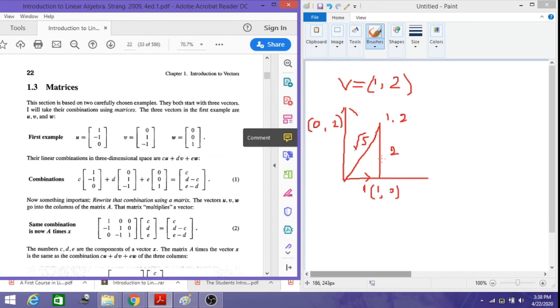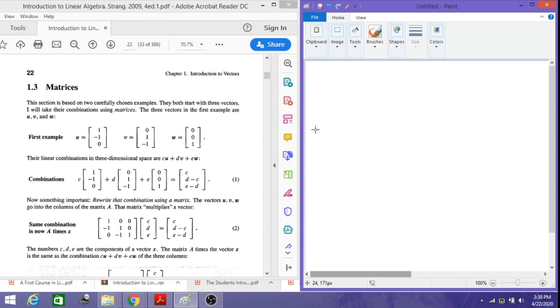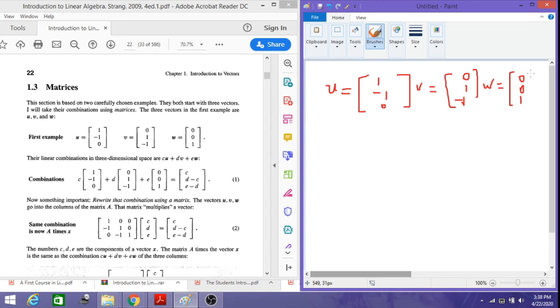Okay, now let us see this representation of this vector in terms of a matrix. Let us start with 3 vectors. Let us define u as 1, minus 1, 0, and v as 0, 1, minus 1, and w equal to 0, 0, 1.